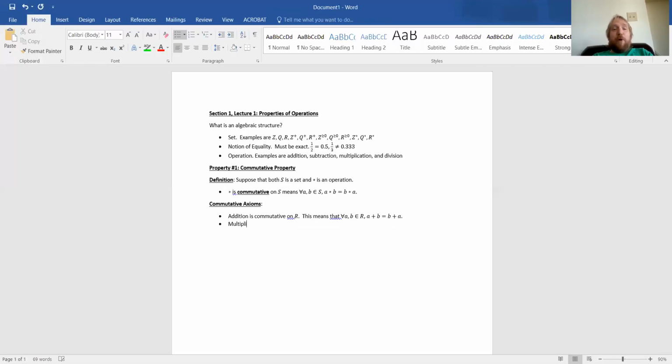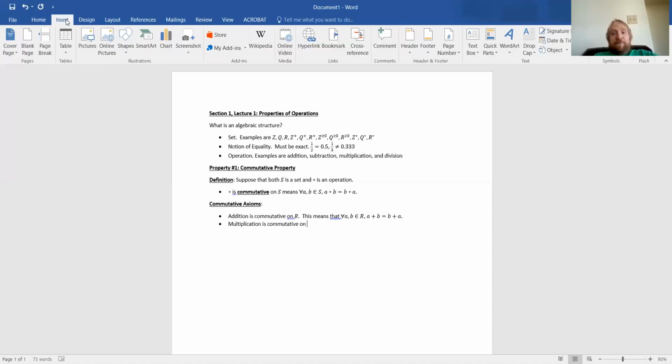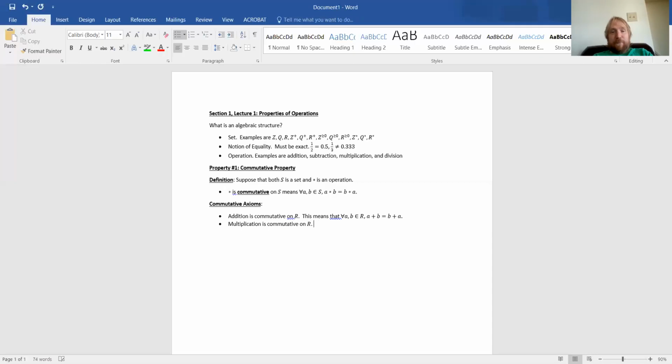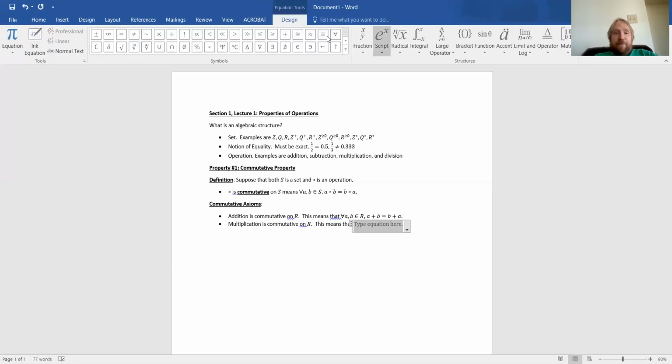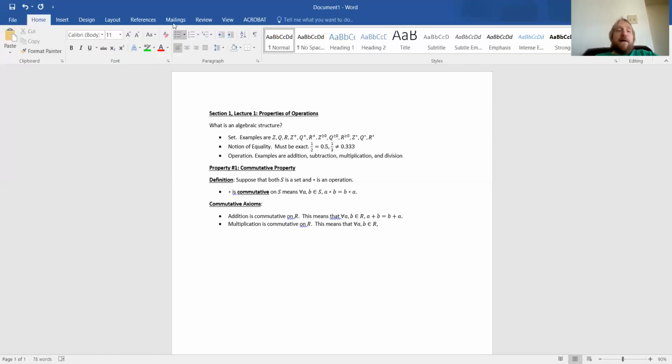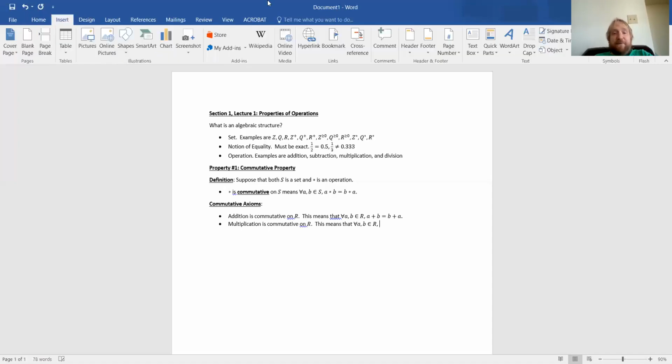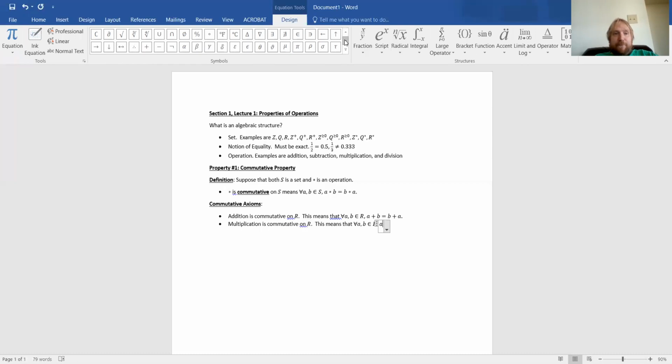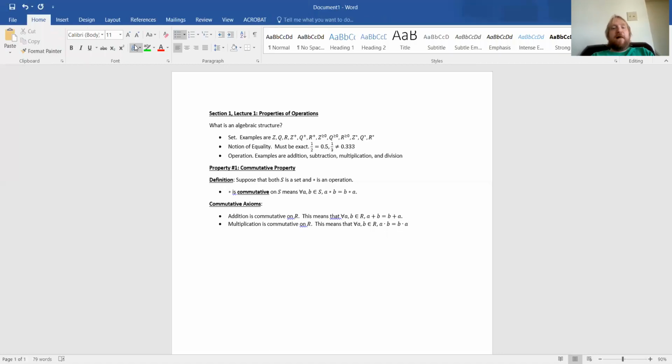And multiplication is commutative on the set of real numbers. And this means that for every A, B in the set of real numbers, A times B equals B times A. These are things that we accept as axioms.